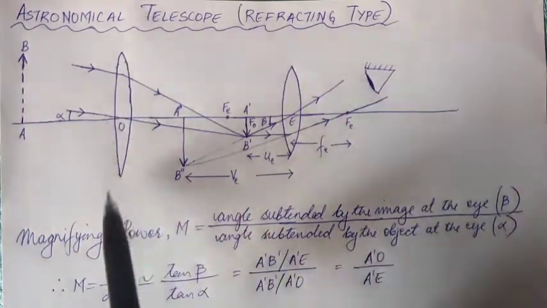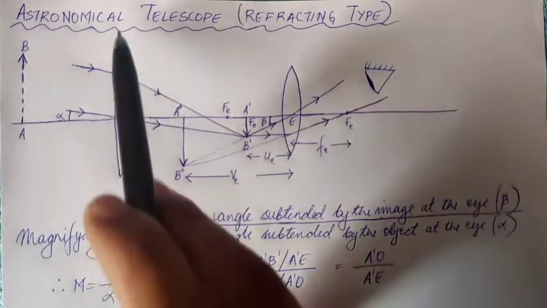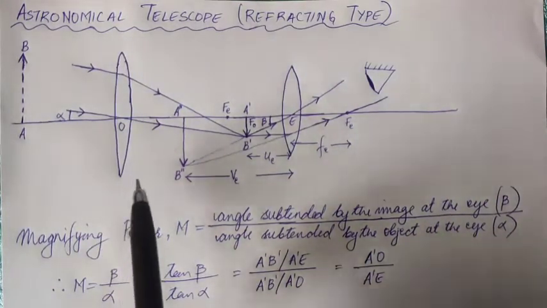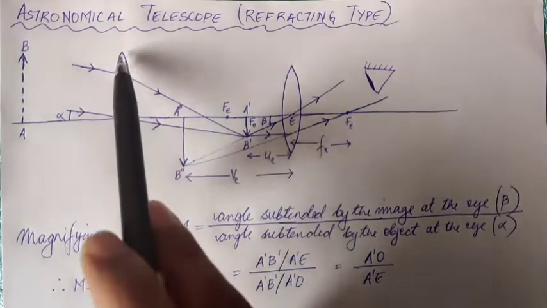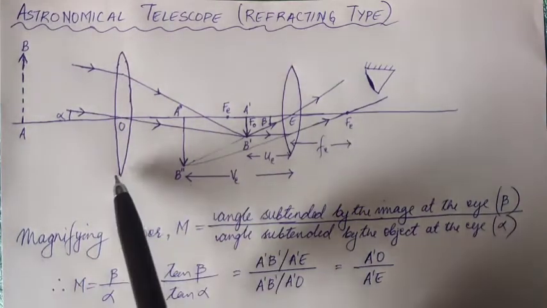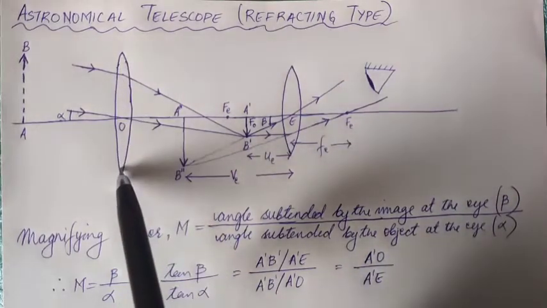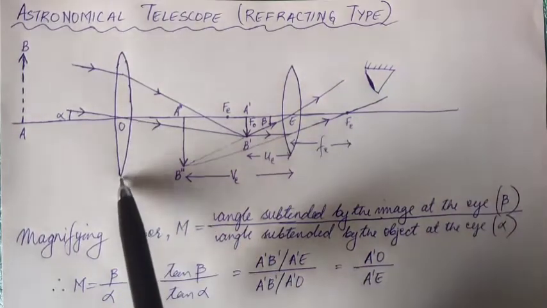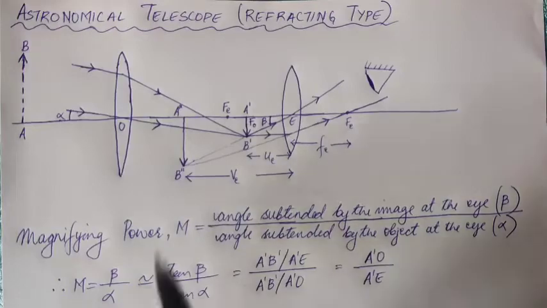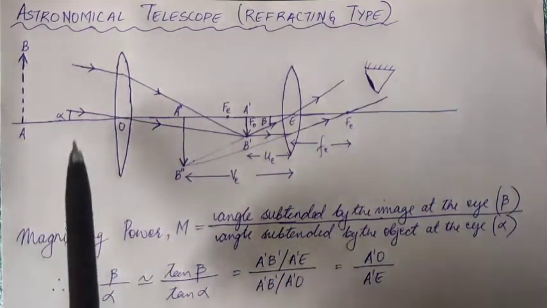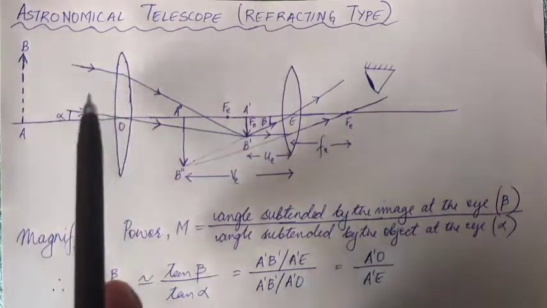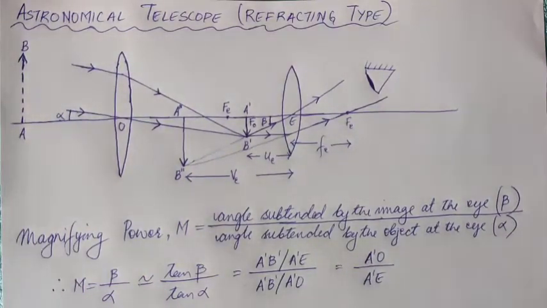So the objective has to be a big lens, or technically speaking, it has to have a large aperture. Aperture is the distance between the two ends of the lens. We need an objective having a large aperture which can collect as much light as possible coming from our object.